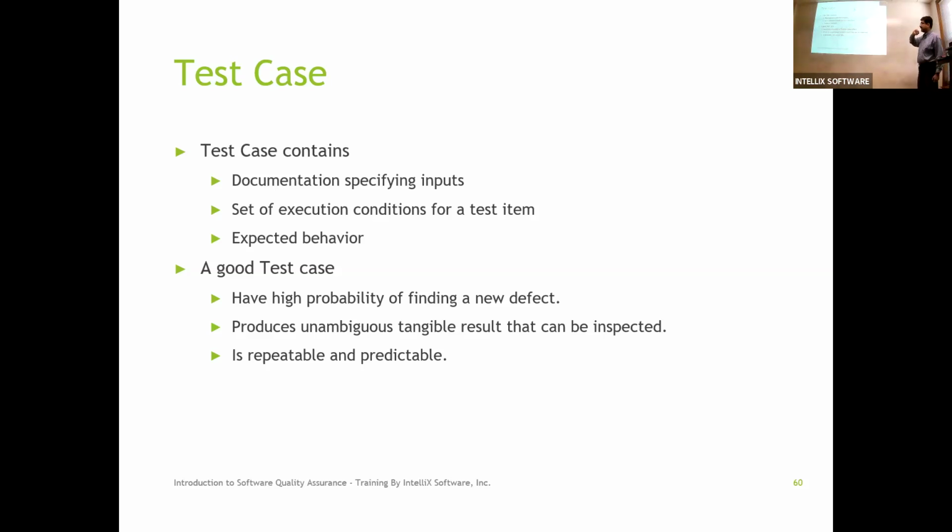Okay. Again, a characteristic of a test case is to find a defect, right? A good test case has a higher probability of finding a defect that was not discovered earlier. Another aspect of a good test case is that it provides unambiguous results that you can inspect. Okay. So in the login example that we talked about, if I provide a user ID and a password, it gives me clarity whether I was able to log in or I failed to log in.